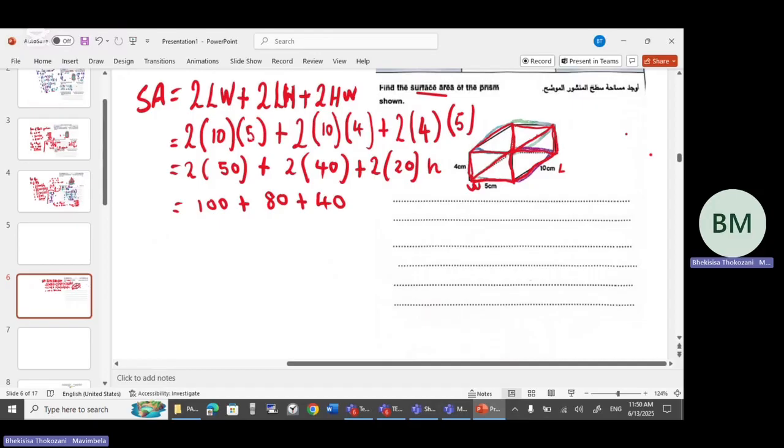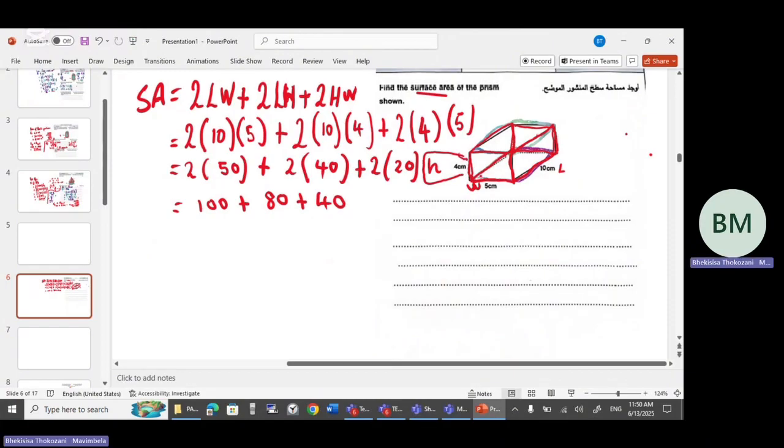All right. So my L is 10 and my W is 5. Are we all good? And then I went to the next one, which is this one here. My L is 10 again, and my H, which is this H, is 4. Okay, this is my H. Don't get confused. This is the H I'm talking about.